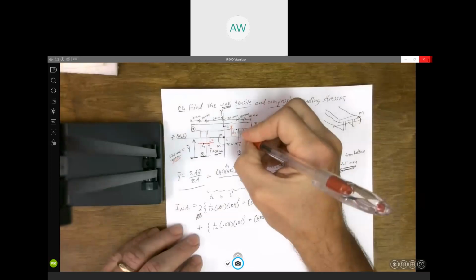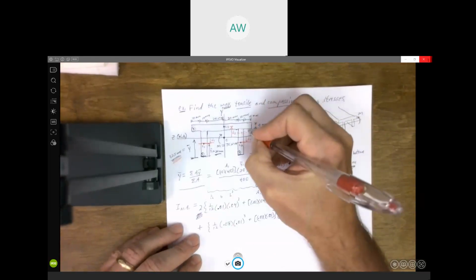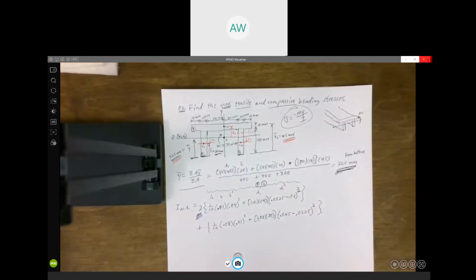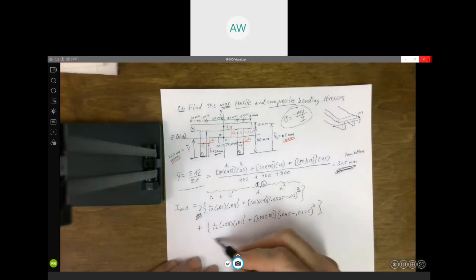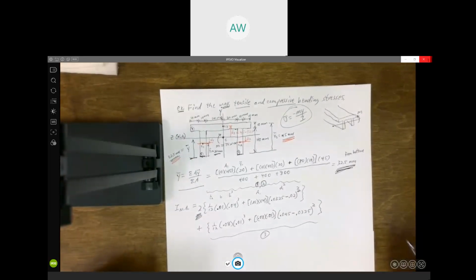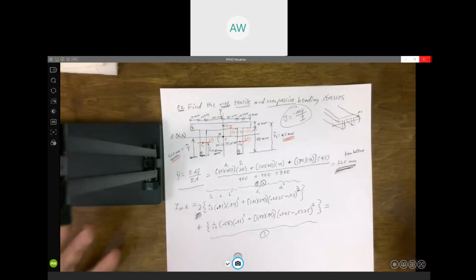So that's how we would get D3: we take 45 minus 32.5 in millimeters and square it. This is rectangle 3, and then we just add all those up. Again, if you do meters, we're going to get a really small number.